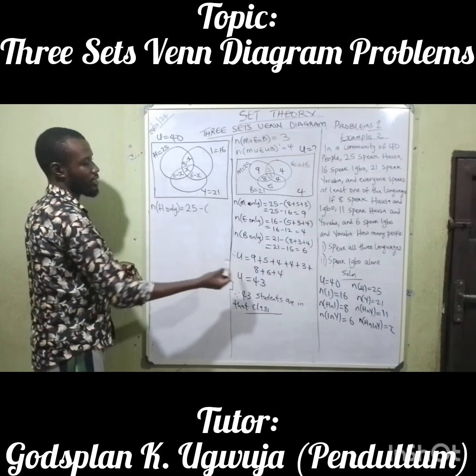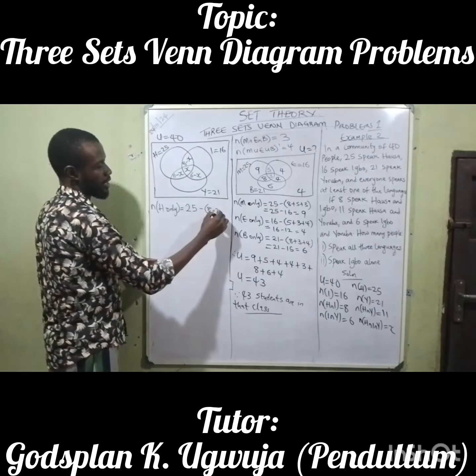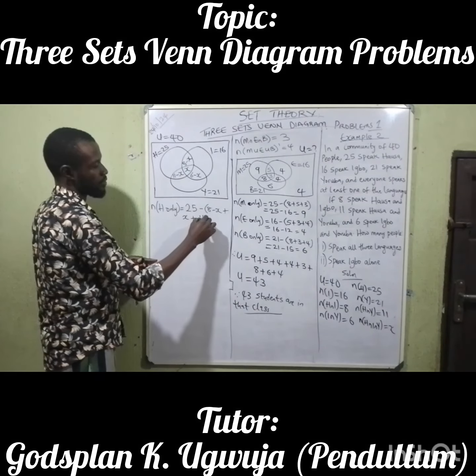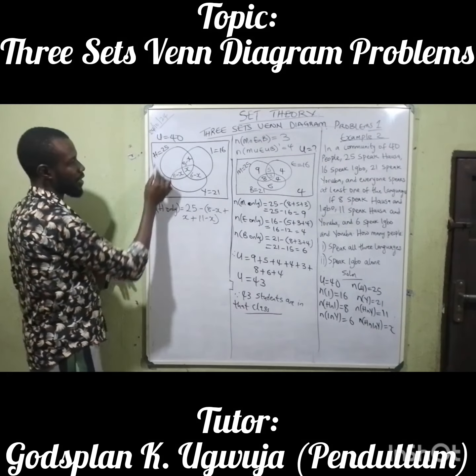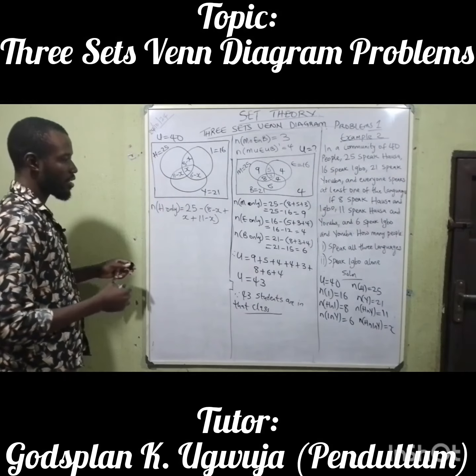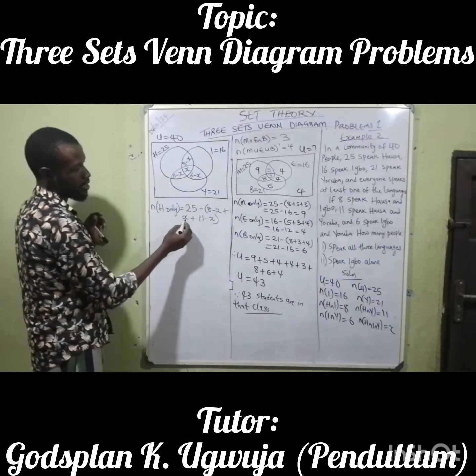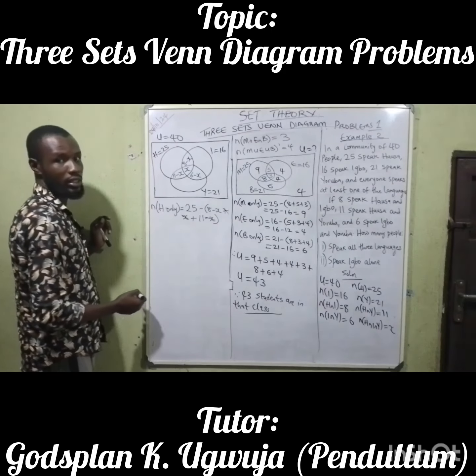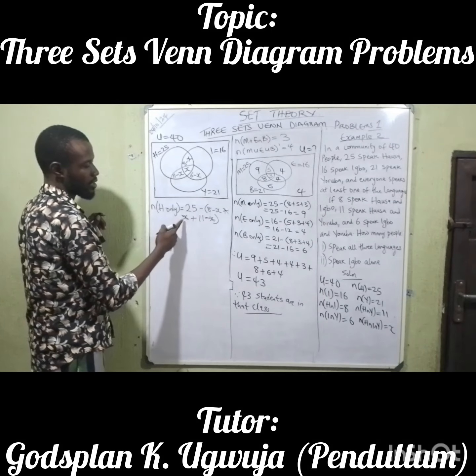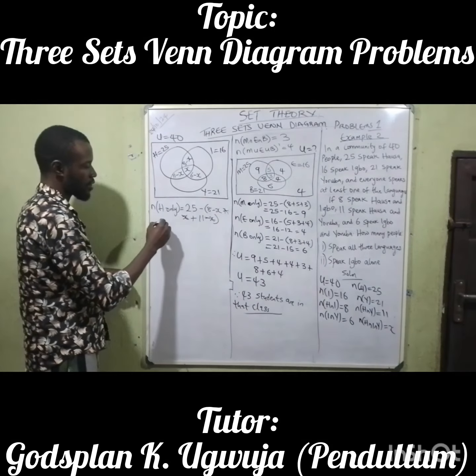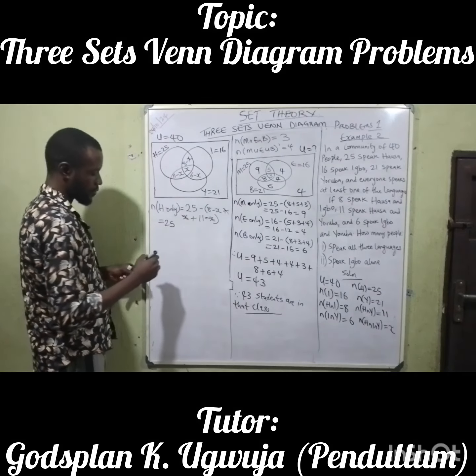So 25 minus 8 minus X plus X plus 11 minus X. Alright, if you look carefully, plus X will cancel minus X here. Plus X minus X is 0, so those two will go. So we are left with 25.